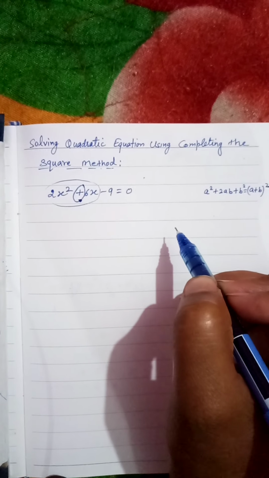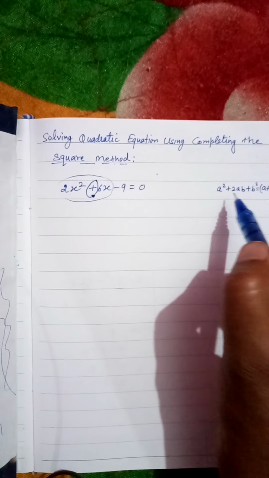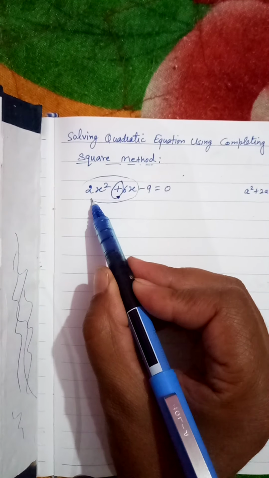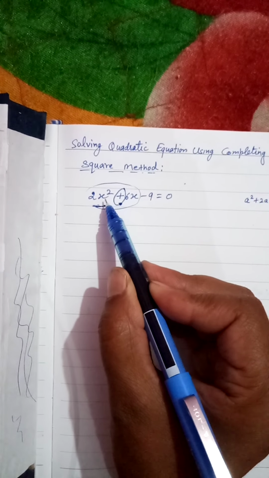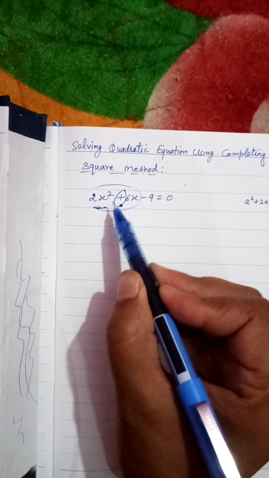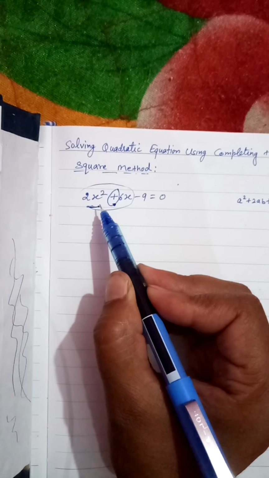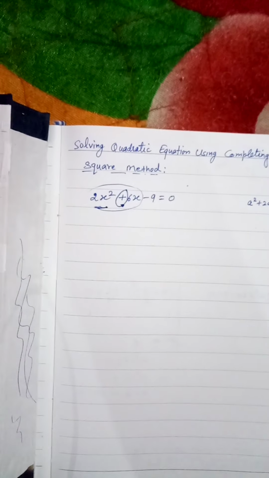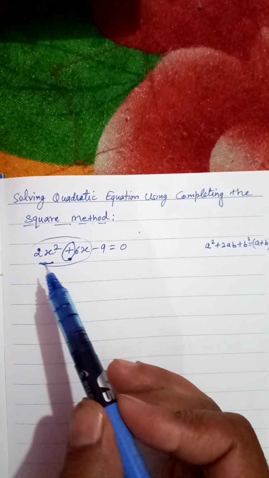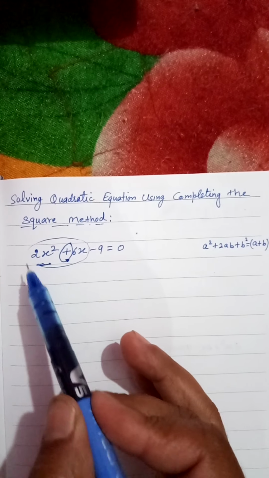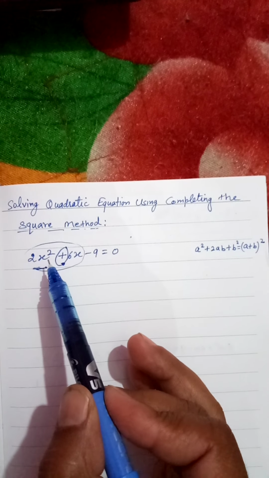Right? So now the second step. What is the second step? We should have the first term, which is 2x square, be a perfect square number. So as I told you, the second step is to look at the first term, the coefficient of x square. This term should be a perfect square.